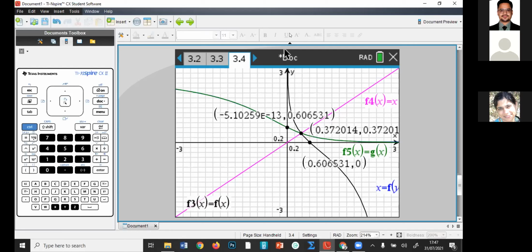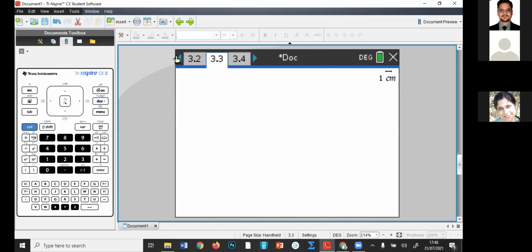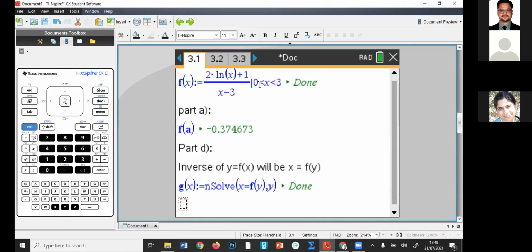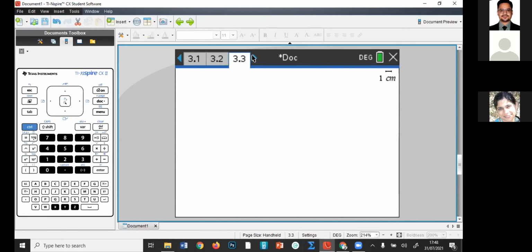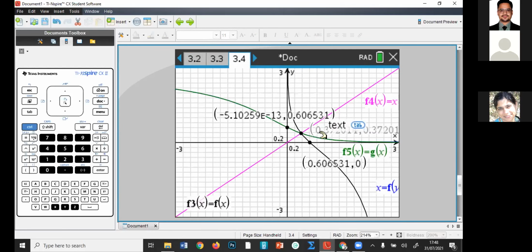Now, in the original question, f(x) was defined between 0 and 3, right? And in this question, your answer is coming less than 0.372, but it has to be more than 0. So it will lie between 0 and 0.372. Thank you so much for that.